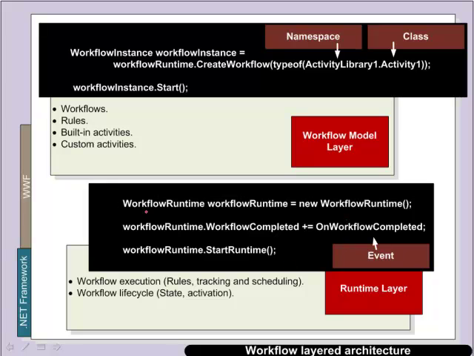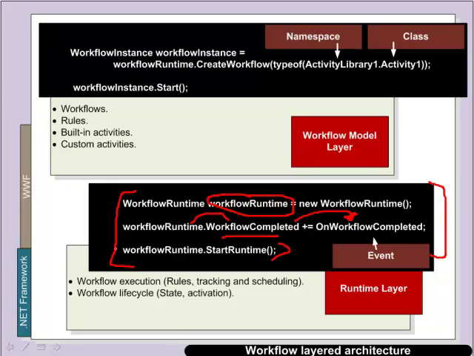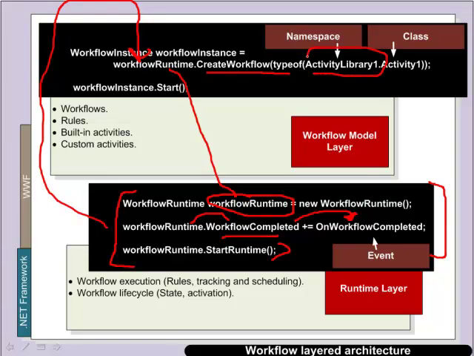So what we typically do is that we run our workflow engine, and in this case we create a workflow runtime instance here. We can then add an event, so when the workflow is completed it will go to this event routine and we can start it up, after which we can then run our workflow inside the engine that we've actually defined here, and we create a workflow instance of our namespace and then also of our class.